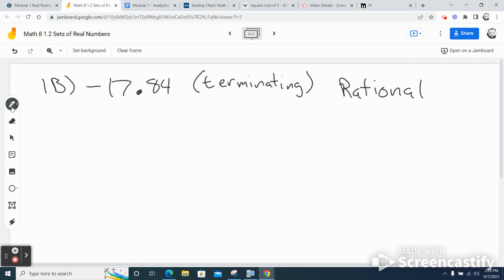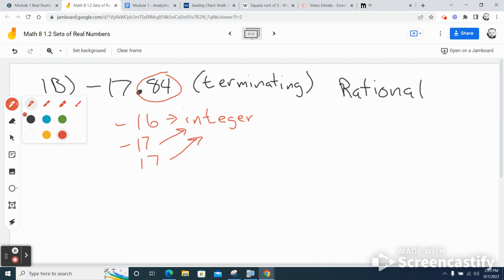Negative 16 is an integer. Negative 17 is an integer. Positive 17 is an integer. Why is this one not an integer? Because it has a decimal point. Right? So this is not an integer.